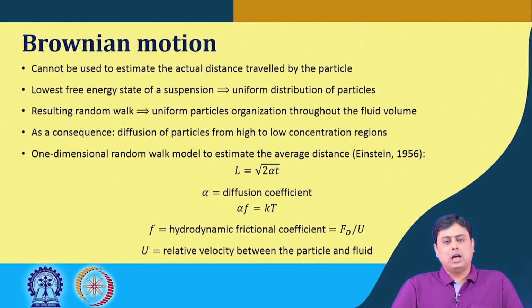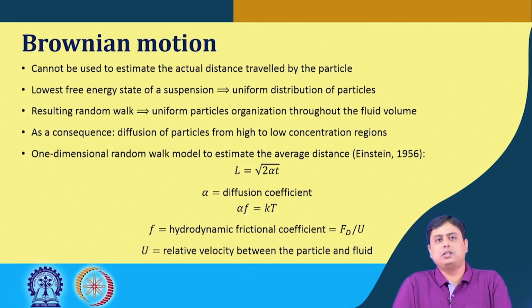So, now if a suspension is stable, then in thermodynamics by principle it has to be in its lowest free energy state, and that means the particles will be uniformly distributed throughout the suspension.